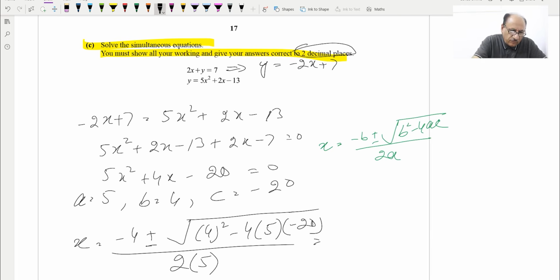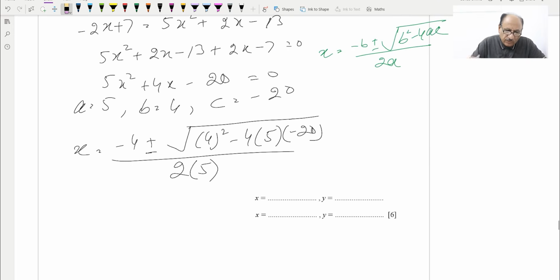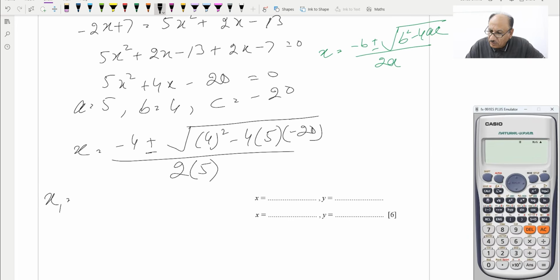So we can take x1 and x2, two values. If we take x1, x1 will be the positive value, which we'll be taking, so minus 4 plus square root of 4 square minus 4ac, where a is 5 and c is minus 20, over 2a, which is 10, and the plus value is giving us 1.639.